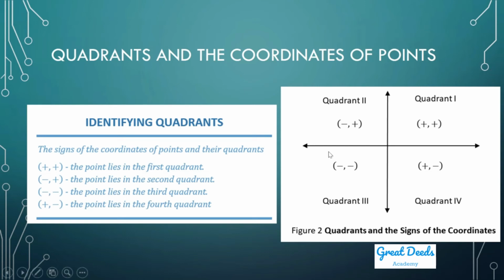In the first quadrant, your coordinates are both positive, because it is on the positive side of the x-axis and the positive side of the y-axis. In the third quadrant, your coordinates will have negative signs, because this part is for the negative real numbers on both the horizontal and the vertical axis.